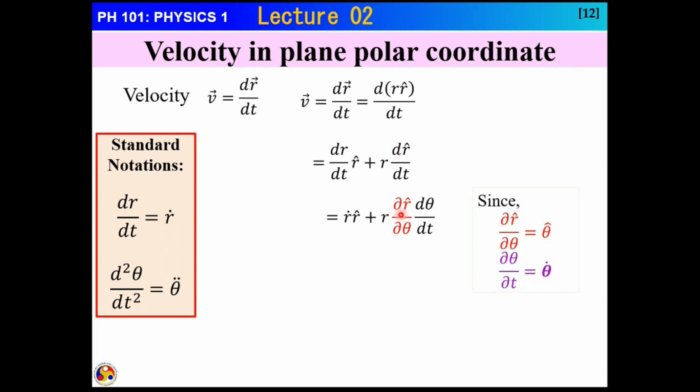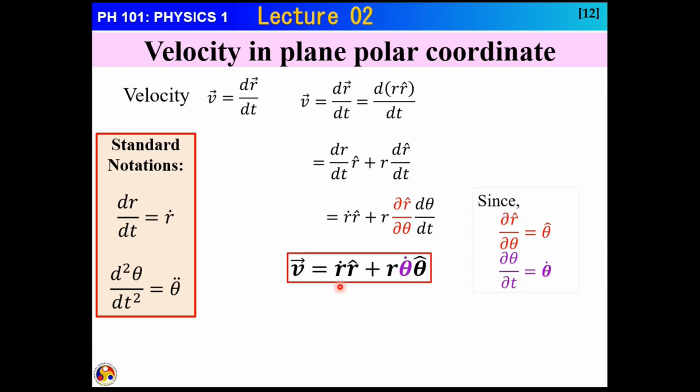So basically we can write the differentiation of r cap with respect to theta, and then the differentiation of theta with respect to t. What is del r cap by del theta? We have explained this one in the previous slide. This is equal to theta cap. So the velocity, you can write as r dot r cap plus r theta dot theta cap.